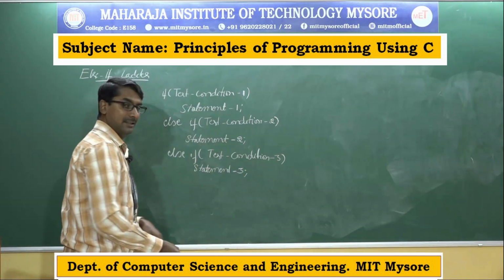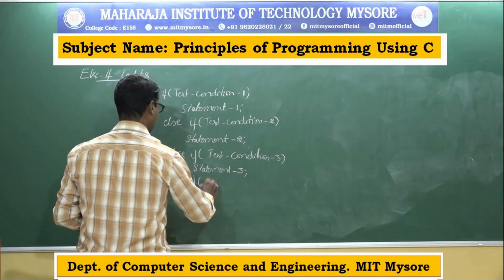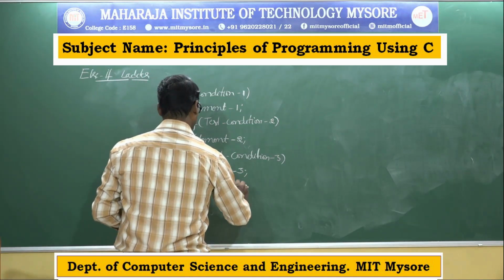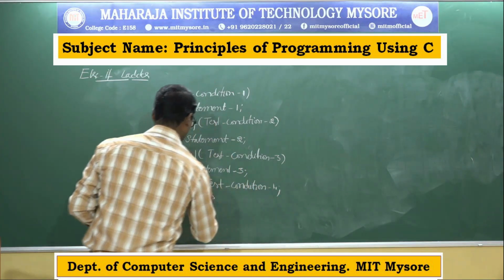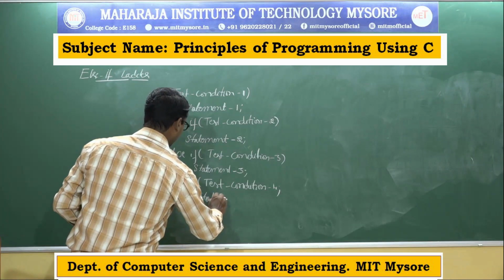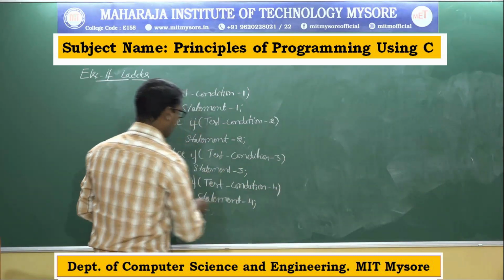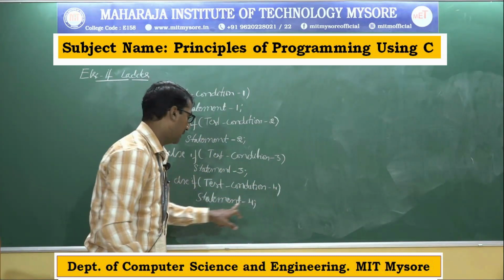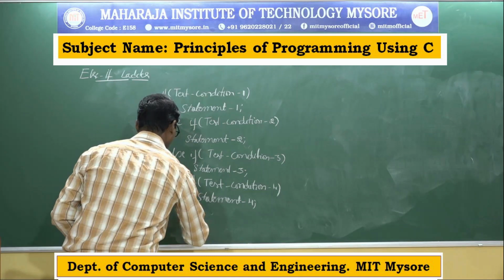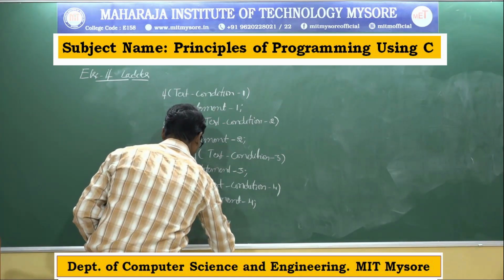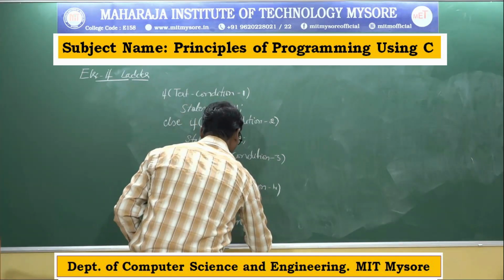If in case test condition 3 is also false, we check one more condition, if test condition 4. If test condition 4 is true, it will execute statement 4. If none of the conditions is true, it will execute statement X.